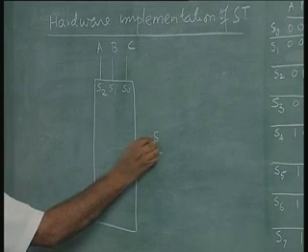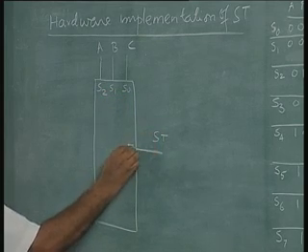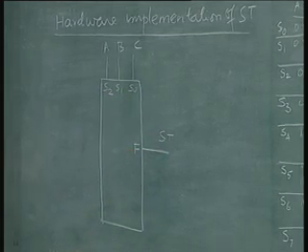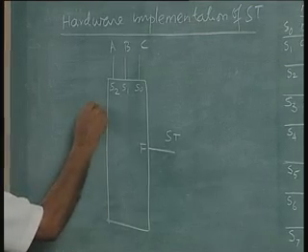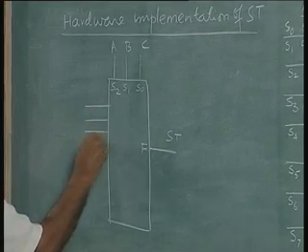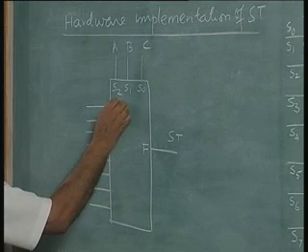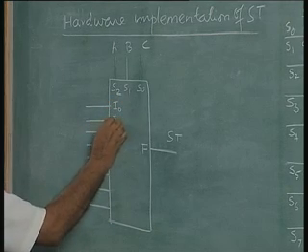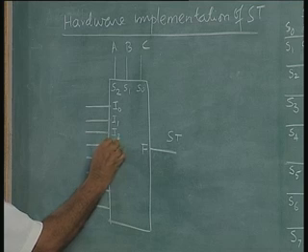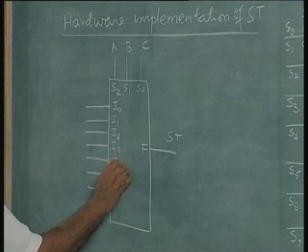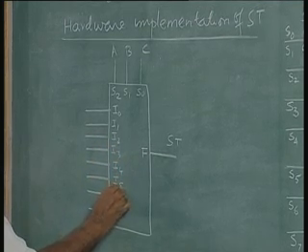This is the start output. F is the output of the multiplexer, that is the output start. There are 8 inputs, I0, I1, I2, I3, I4, I5, I6, I7.